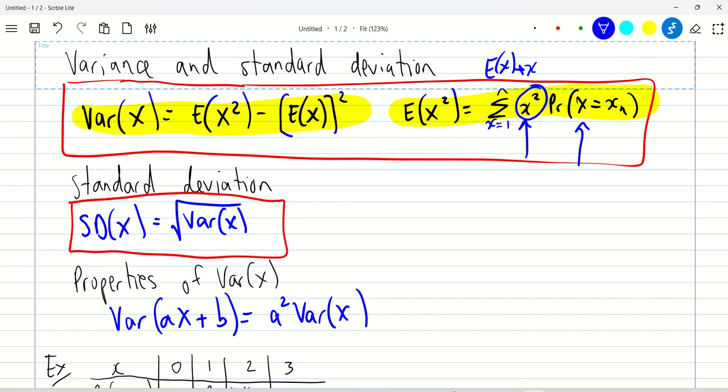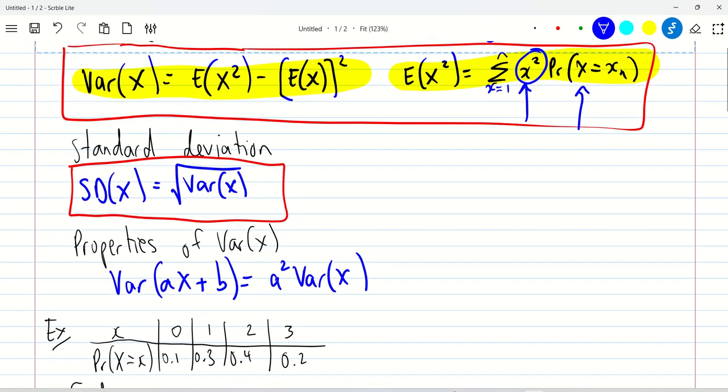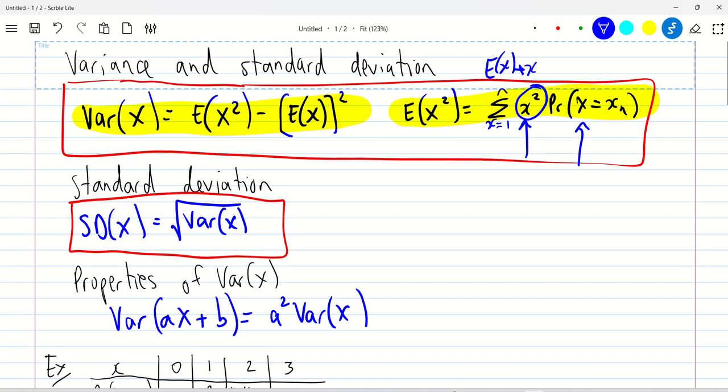Okay, now standard deviation, it's something you've probably more heard. Standard deviation is the square root of the variance. Okay, so just some other things there. The variance can sometimes be written as sigma squared. So sigma squared is the variance, and another way you can write standard deviation is just sigma.